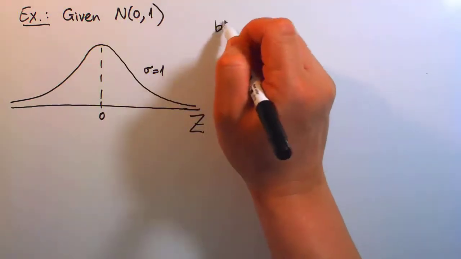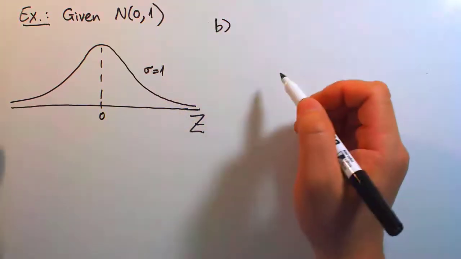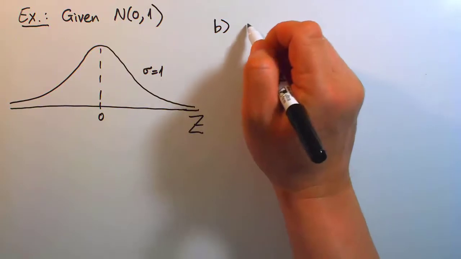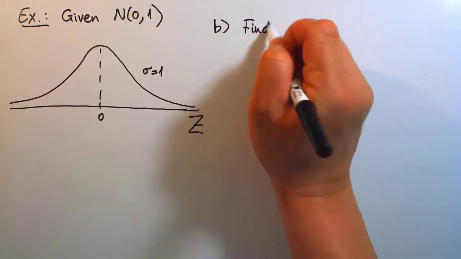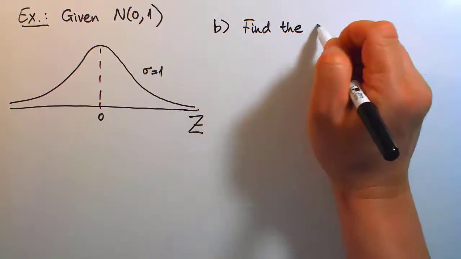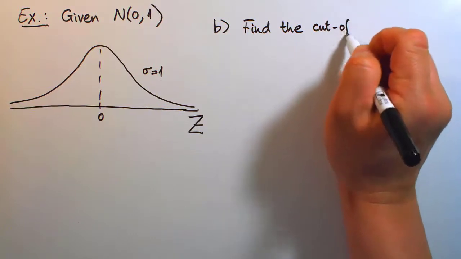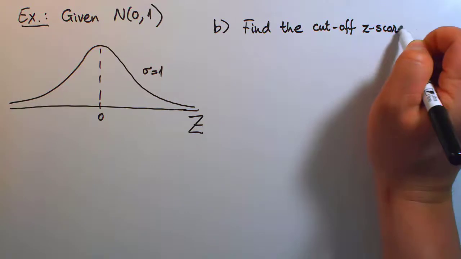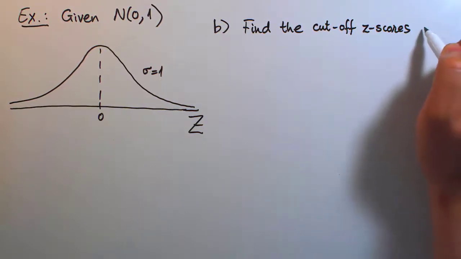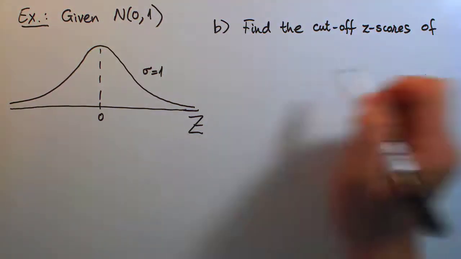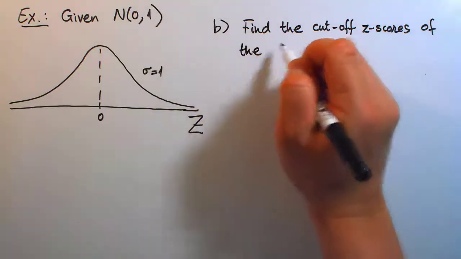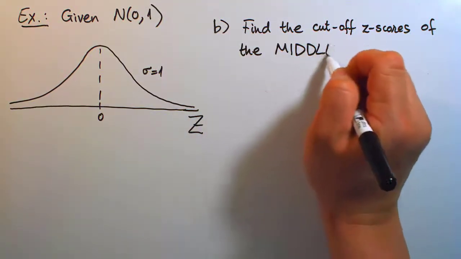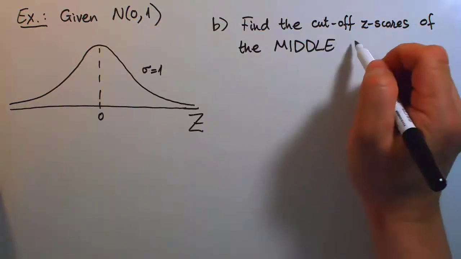The next question I want to ask is quite similar to question A, but here let's watch out for a little bit of extra detail. I want to find the cutoff z-scores of the middle, about 80%.